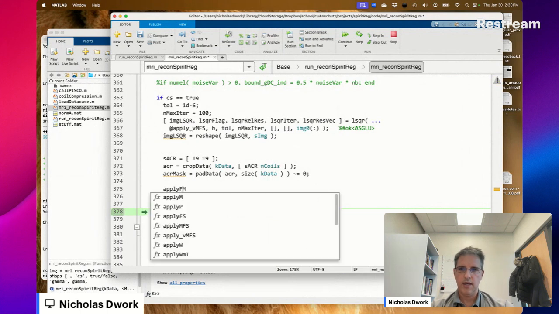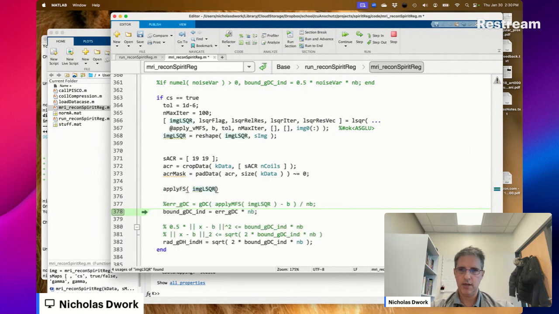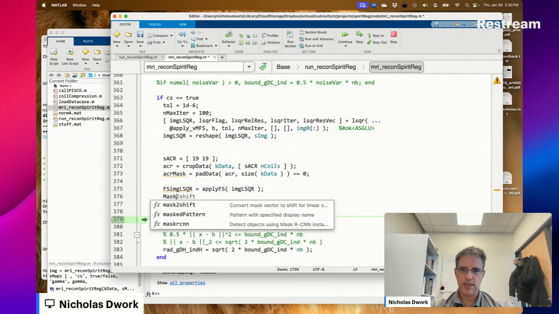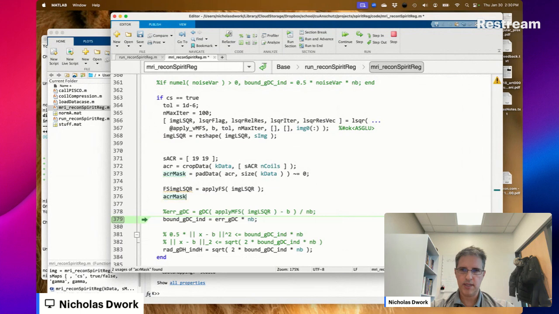Apply FS image LSQR. FS image LSQR is equal to that. Mask ACR mask. Well, mask ACR FS image LSQR is equal to FS image LSQR ACR mask equal to 1.